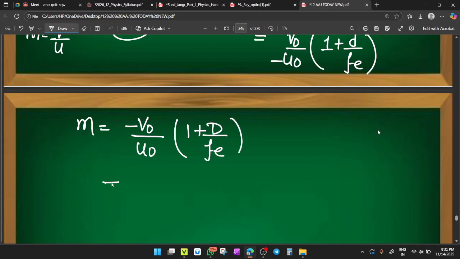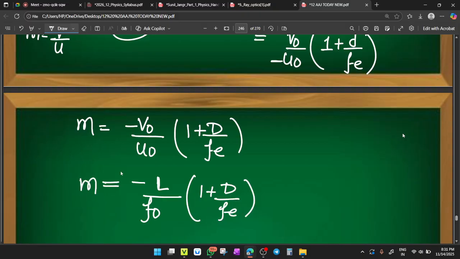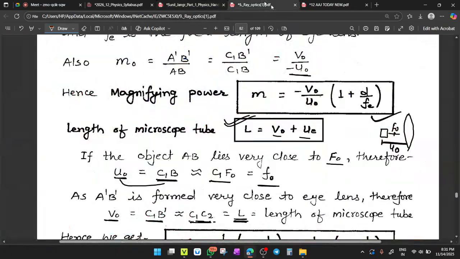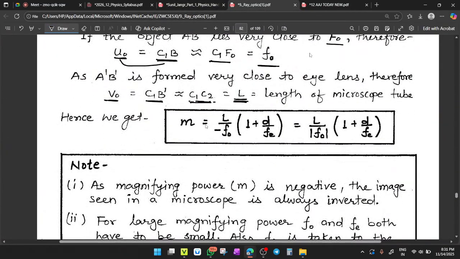So what can we write here? VO becomes L, UO becomes FO. So minus L upon FO into (1 plus D by FE). This will be your final magnification. So M equals minus L upon FO into (1 plus D by FE), and this is your final formula.